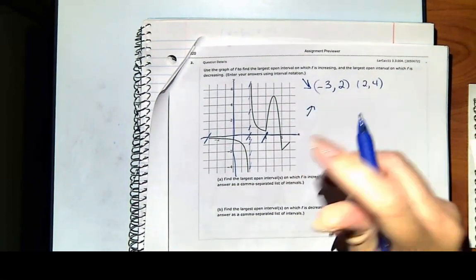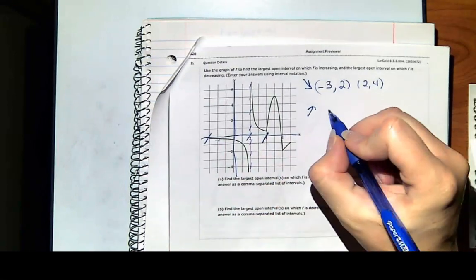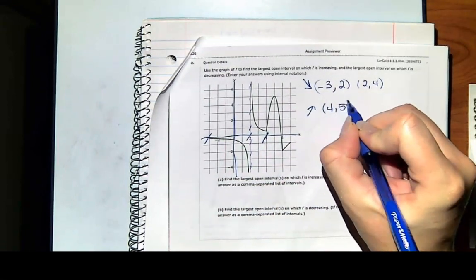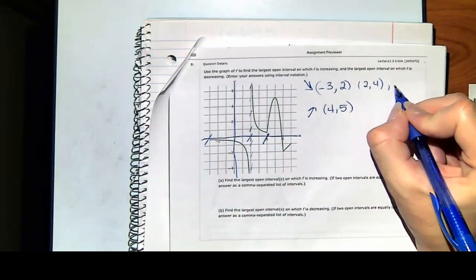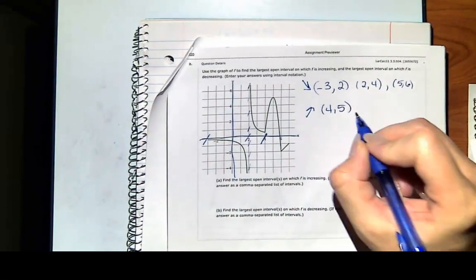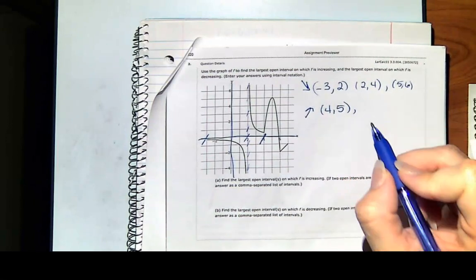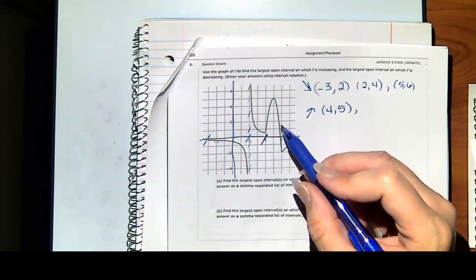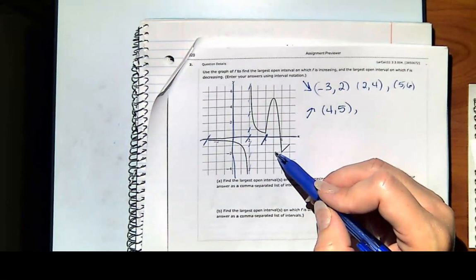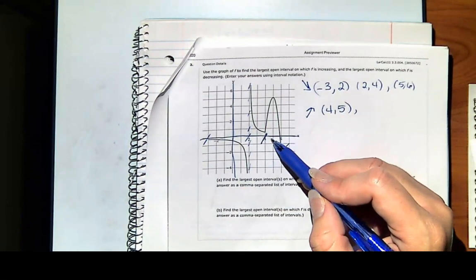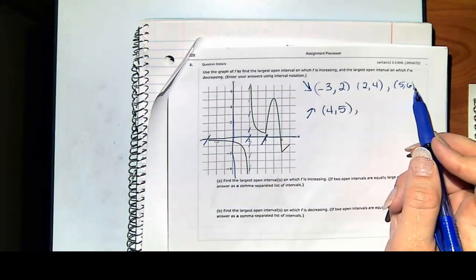He's increasing from 4 to 5. And then he's decreasing from 5 to 6. And then he's increasing. Wait a minute, what did I just say? Hang on. He's increasing from 4 to 5. He's decreasing from 5 to 6, sorry.